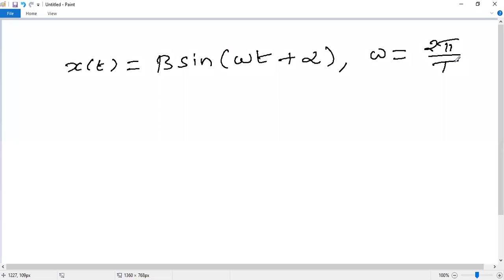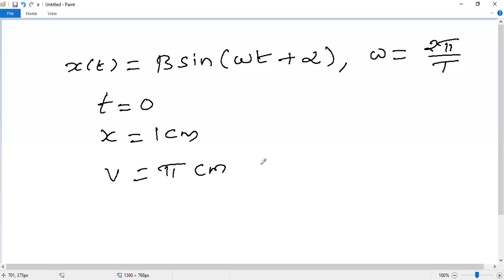Write the question. If the initial position at t equal to 0 of the particle is 1 centimeter, and the initial velocity is pi centimeter second inverse, what are its amplitude and initial phase angle?